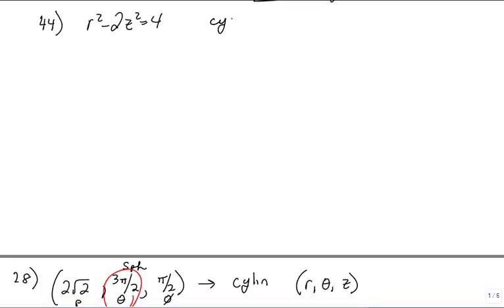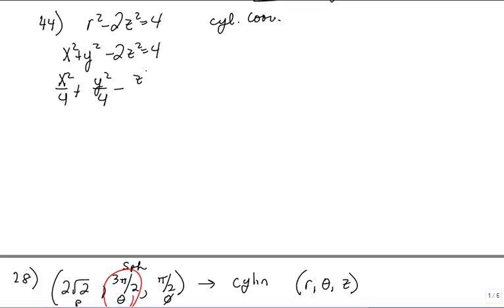Okay, this is in cylindrical coordinates. R squared is x squared plus y squared. Or you have x squared over 4 plus y squared over 4 minus z squared over 2 equals 1. If you let z equal 0, you get circles in the xy plane.